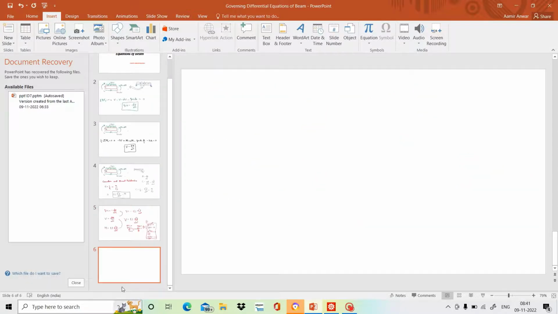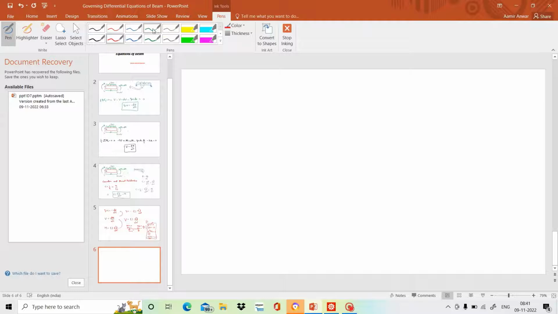So let's have some different boundary conditions. Suppose the second boundary condition we are taking is the fixed beam, or clamped beam. What would the boundary conditions be here?